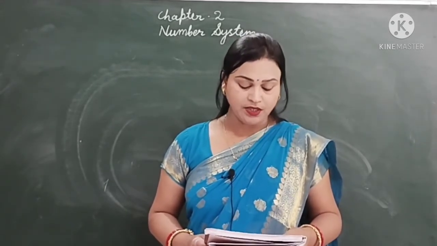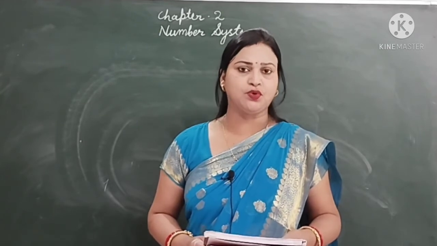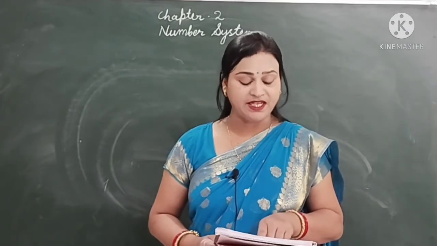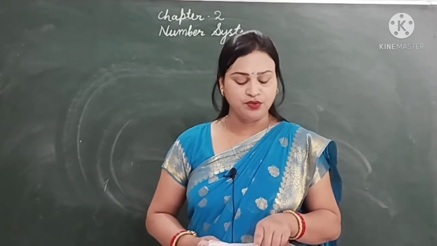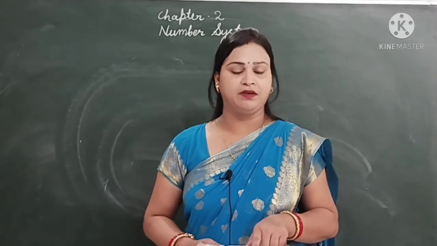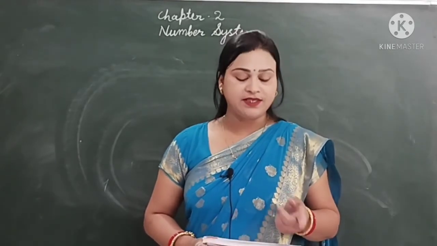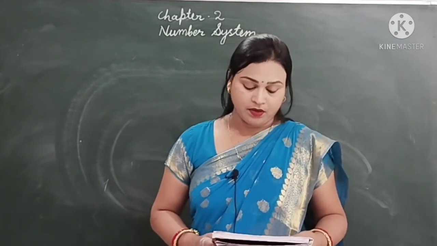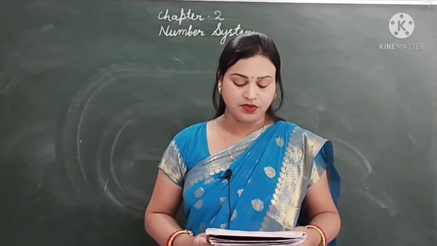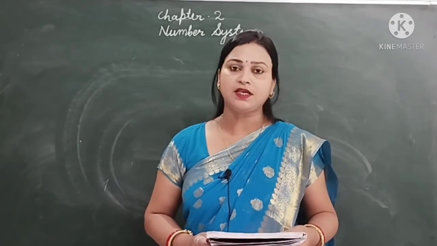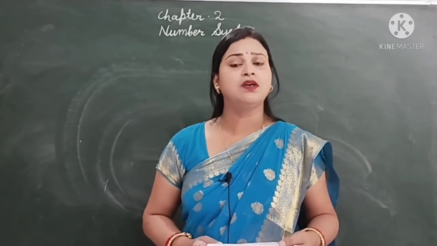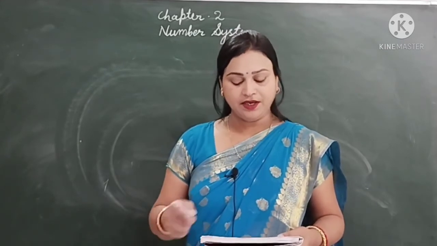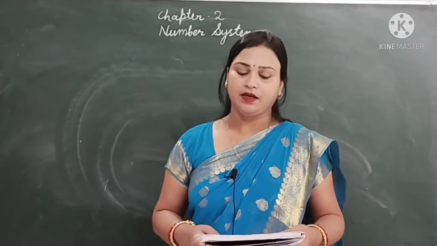H, 10000 base 2. You can see the digits are the same but the base has been changed over here, that is 2. So this is a binary number. By seeing the base we can decide which type of number system is being used. Now I, 100 base 8, this is an octal number because octal uses digits from 0 to 7, and it has 1 and 0, so it is correct, it is an octal number.